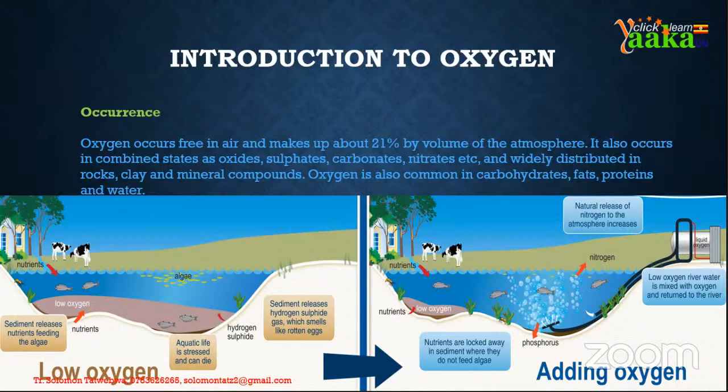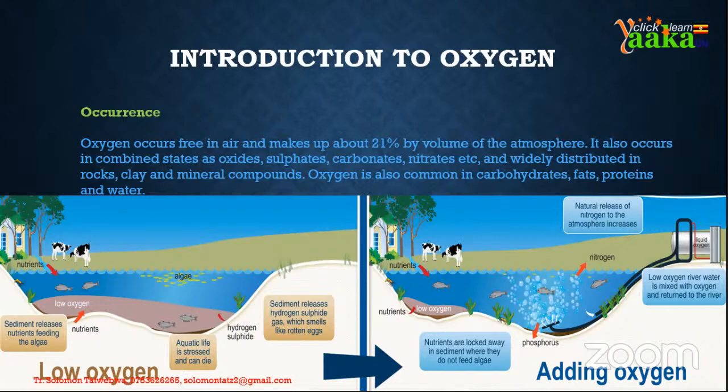It's also found in certain food substances like carbohydrates, fats, proteins, and also water. Like Kusima, you were saying that water contains hydrogen and oxygen, which is true. We also find oxygen atoms in water.